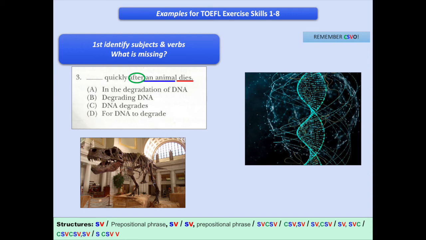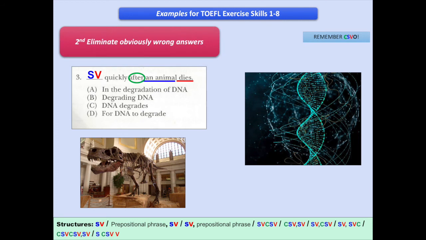So that means 2 subjects and 2 verbs. But there's only 1 subject and 1 verb here. So our sentence is missing a subject and a verb. Now that we know what is missing, we can look at the answers and eliminate the obviously wrong answers.